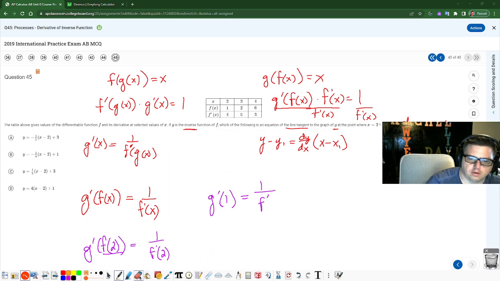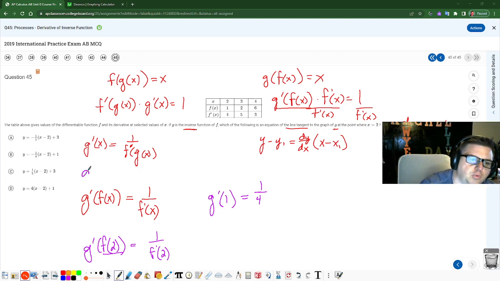That's 4. Okay, so what did I do? How did I get this? Well, what I did is I did f of 2, so f of x when x equals 2 is 1. That's where this came into play. It equals 1 over f prime at 2. So now I'm looking at 2 again, and what is f prime? That's going to be 4. So unfortunately, I don't think this is where we're going. So let's try it in this one.